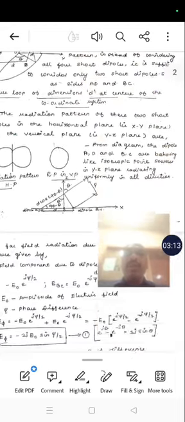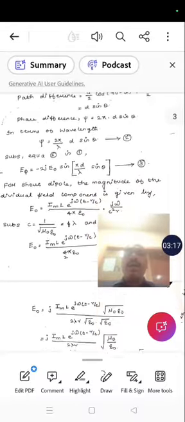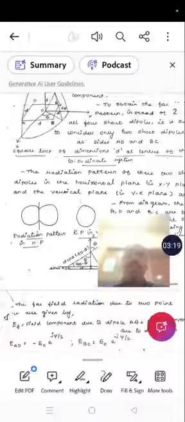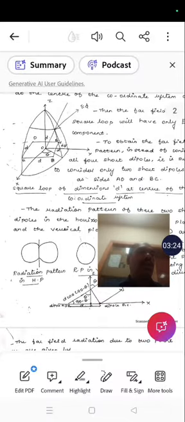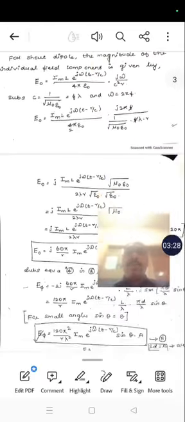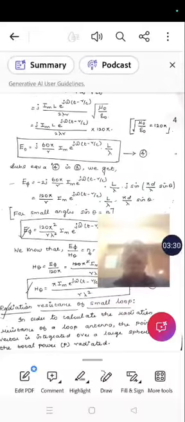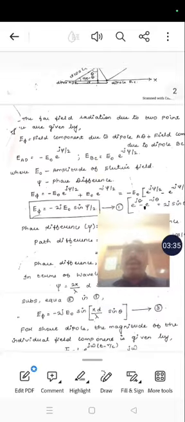Next, for the loop antenna, you can calculate E phi.